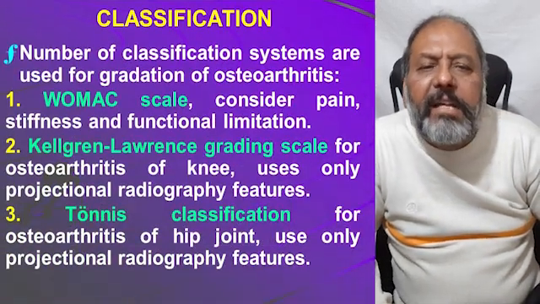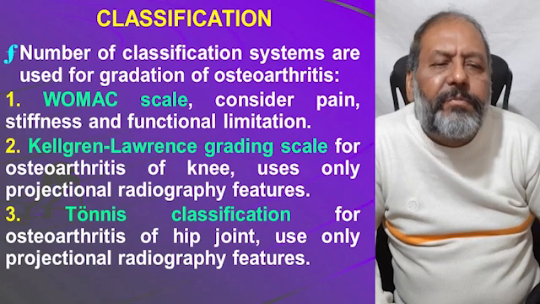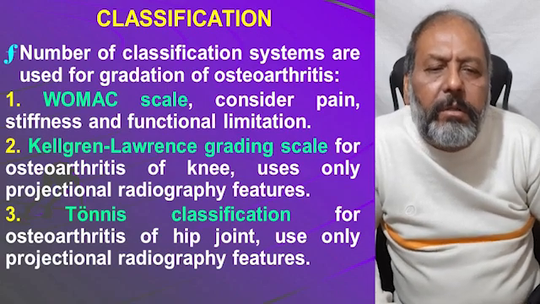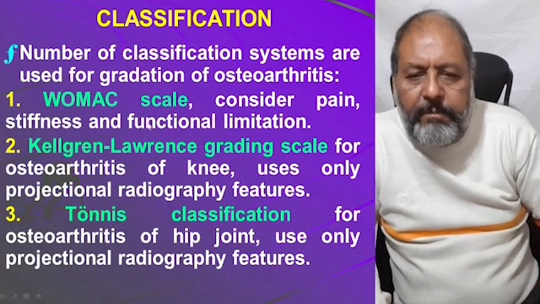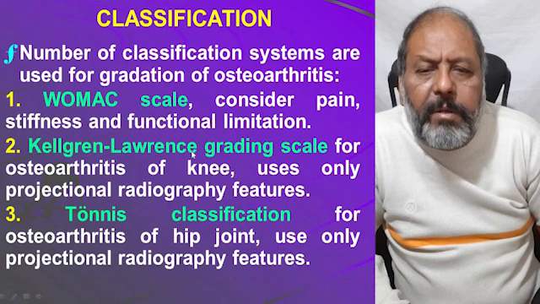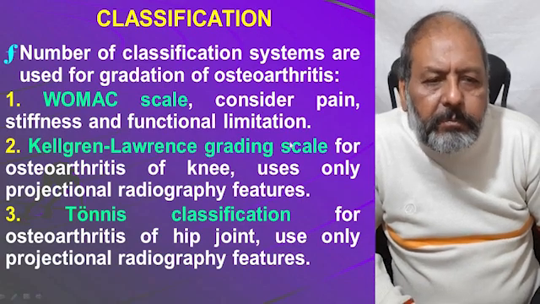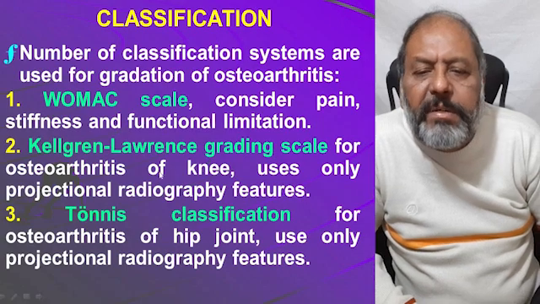Now, the classification of osteoarthritis. A number of classification systems are used for grading osteoarthritis, but here I am just placing number one, the Womac scale, that considers pain, stiffness, and functional limitation.